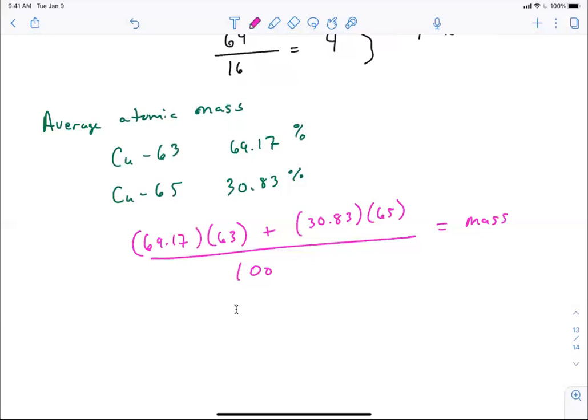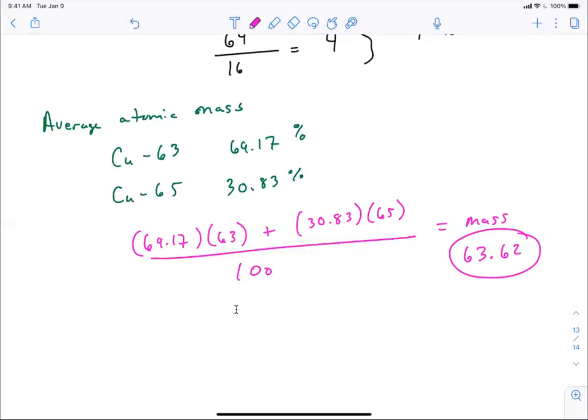So 69.17 times 63 plus 30.83 times 65, divided by 100, and I get 63.62 for my average atomic mass. Which makes sense because it should be closer to 63 than 65 because you have more abundance of 63. So again, check your answer to see if it makes sense. If you got 64.6 or a number outside of the 63 to 65 range, then you made a mistake.